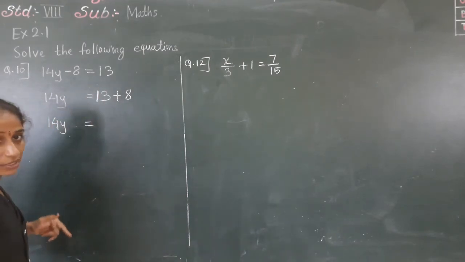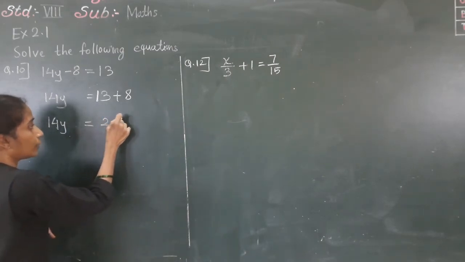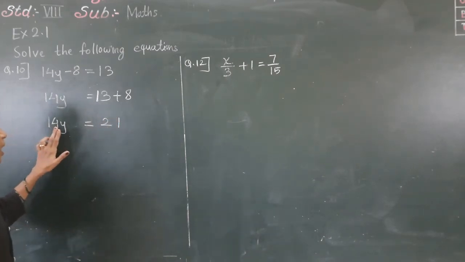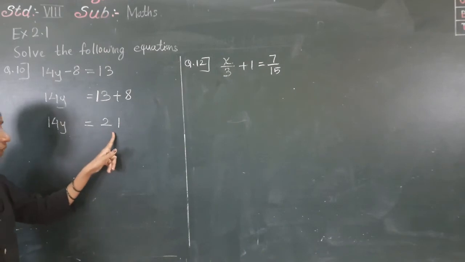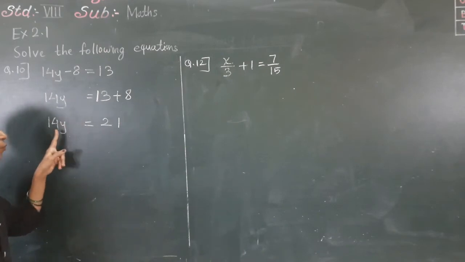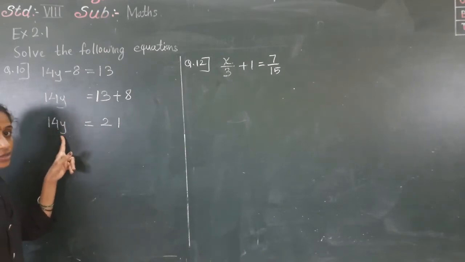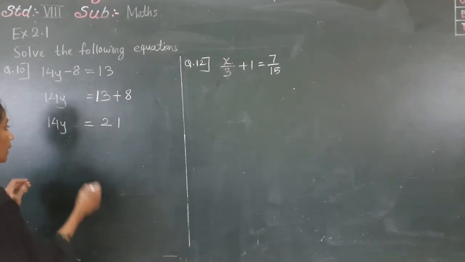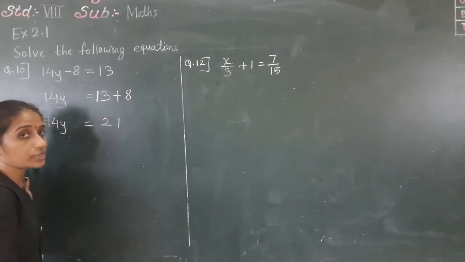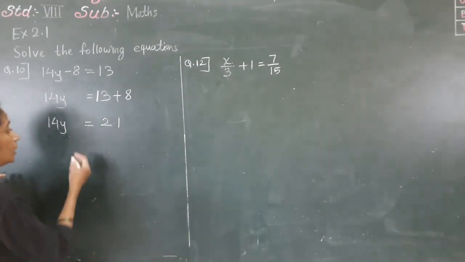What will you get? 21. Now 14y is equal to 21 we got. Now 14 is multiplied here. If we transfer it to the right hand side, it will become divide.